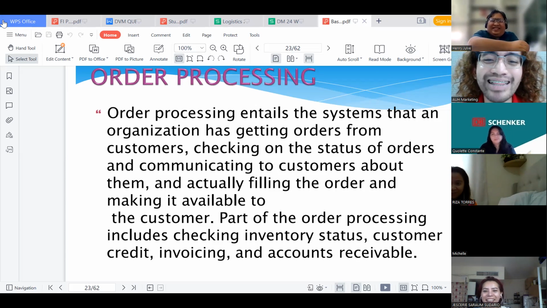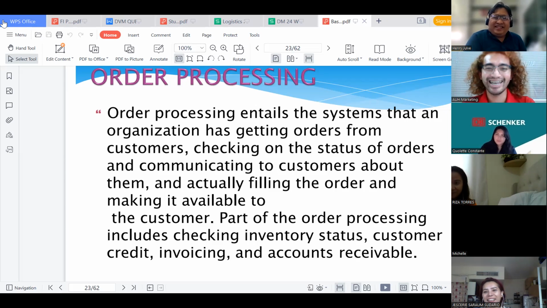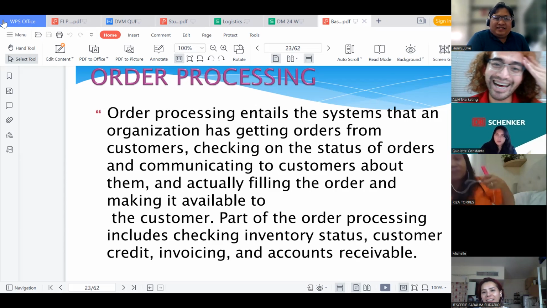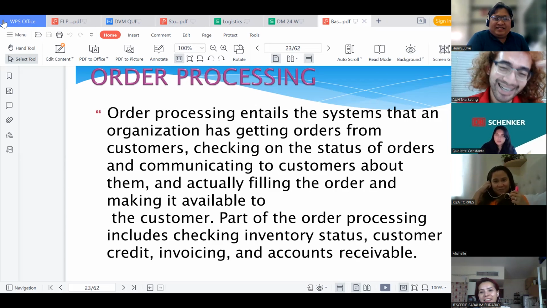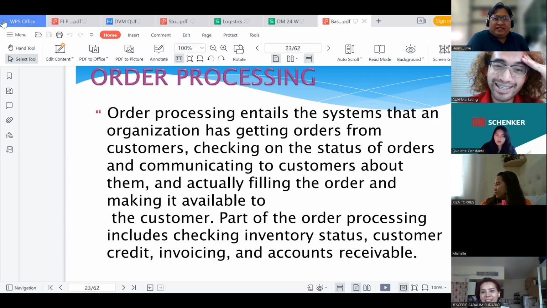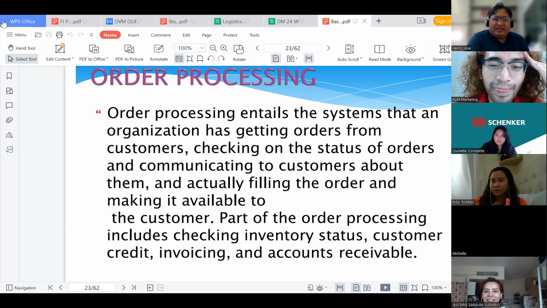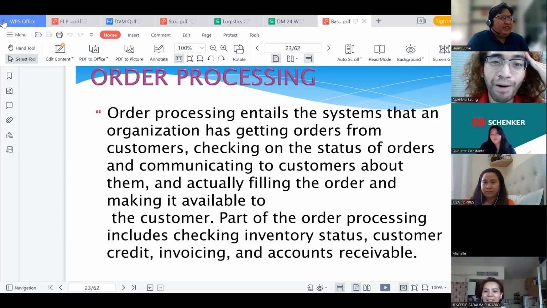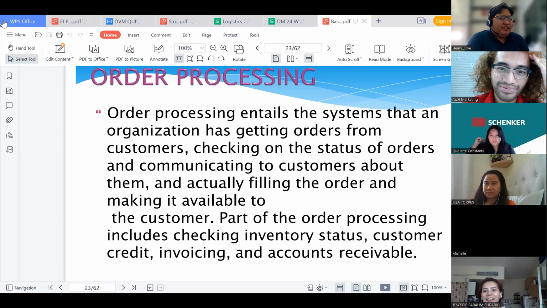Ilang years spending, Rusty? May mga unsettled invoice, 2019, 2018. So kapag ganun kasi, parang inaano na siya. Wala na, mga unclaimed, tawag doon. 2022 na. So ano ang status? Unclaimed. So parang kina-cancel na siya sa system ng accounts.